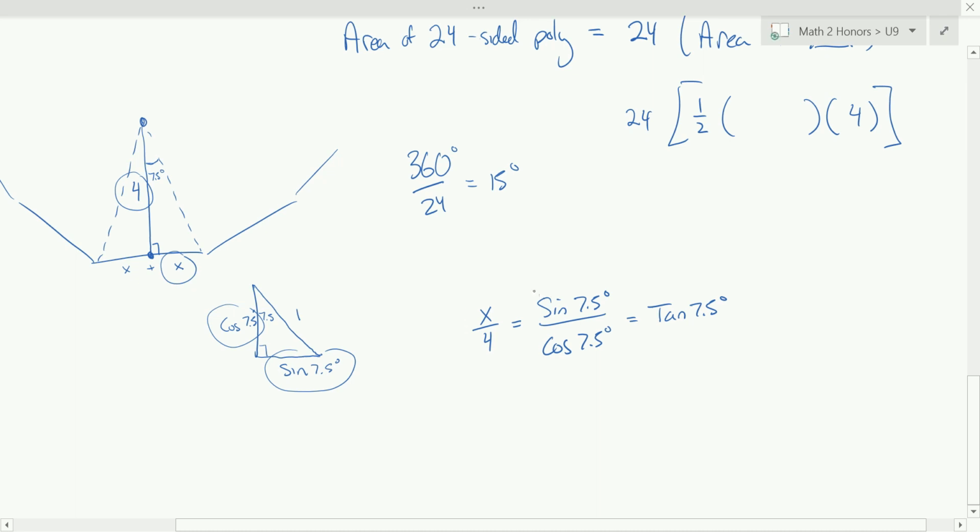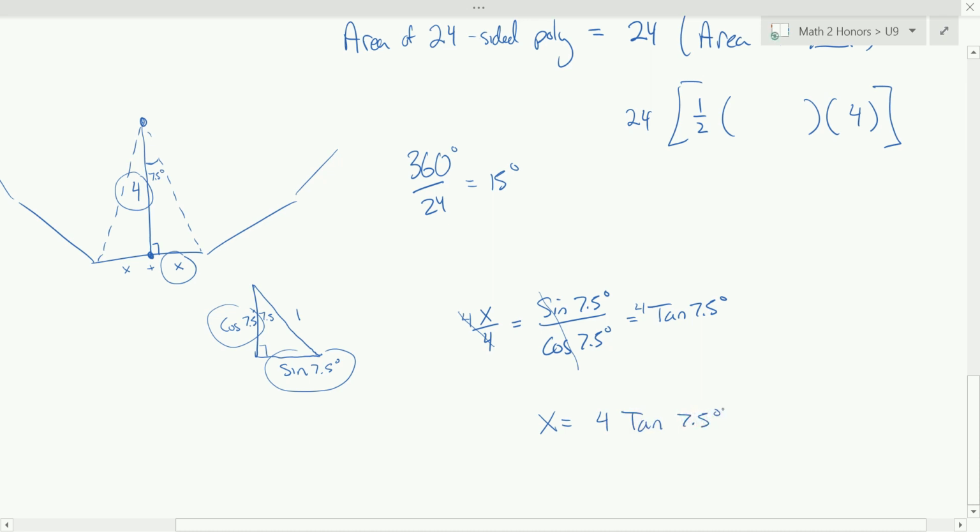So I can kind of ignore the middle now. I'm going to multiply both sides by 4. And I get x is equal to 4 times the tangent of 7.5 degrees.